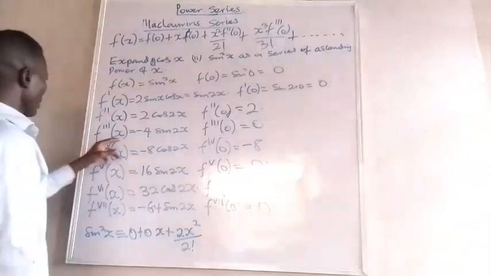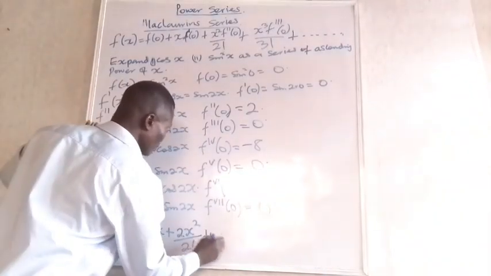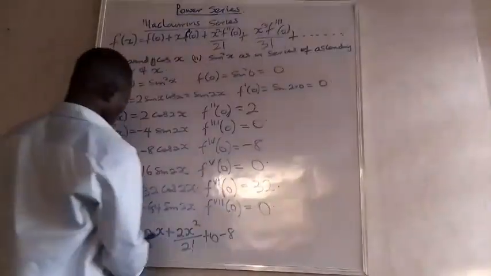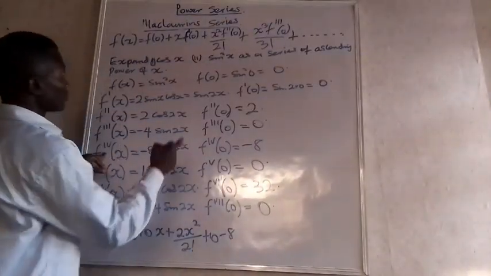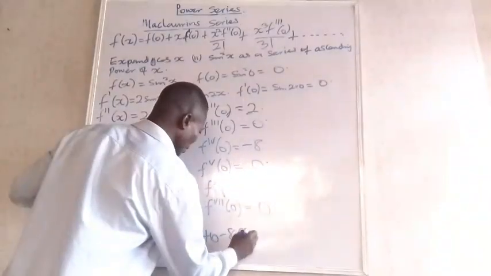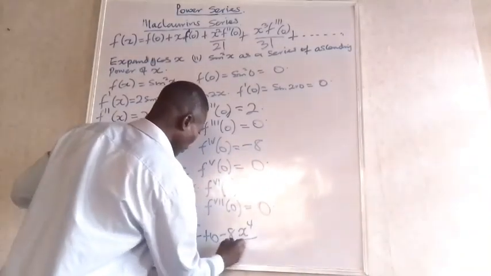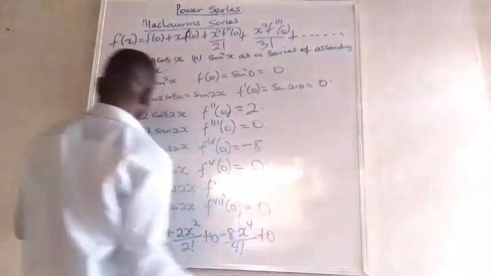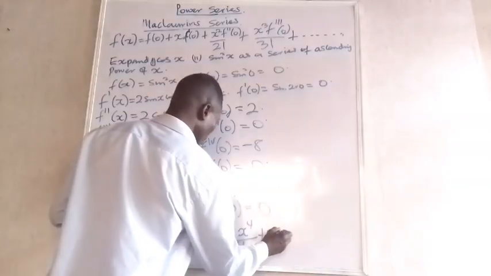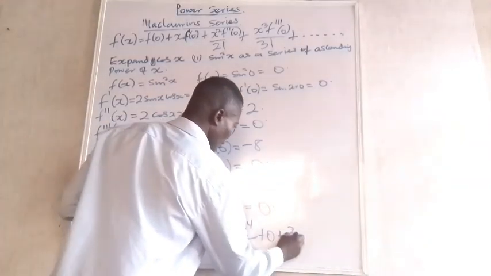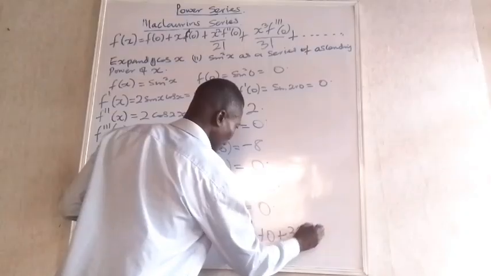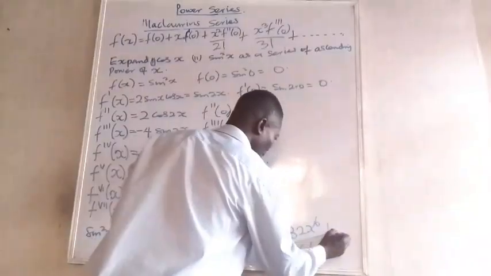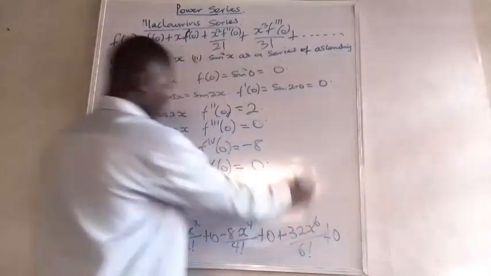The third one is 0. The fourth one, minus 8. Minus 8 x raised to power 4 over 4 factorial. Sixth one, 32 x raised to power 6 over 6 factorial. And it goes on like that. The next one is 64 and so on.